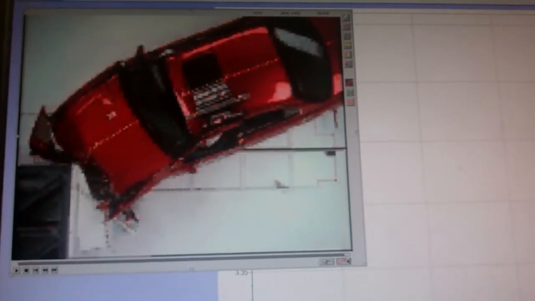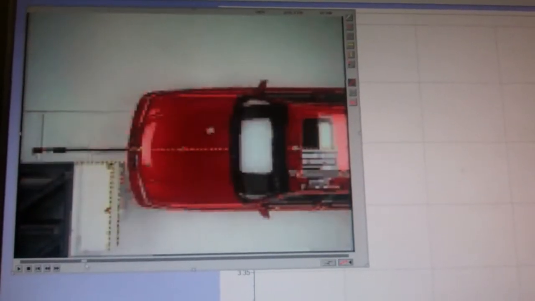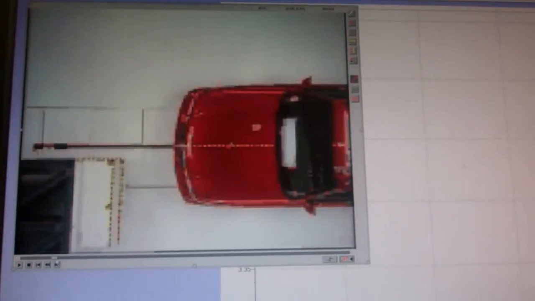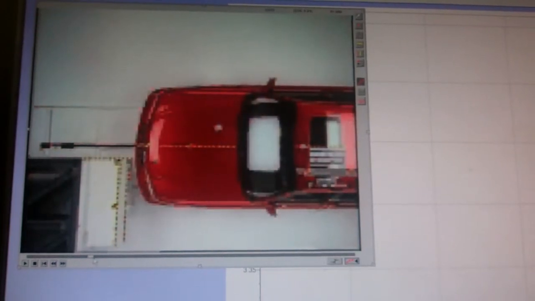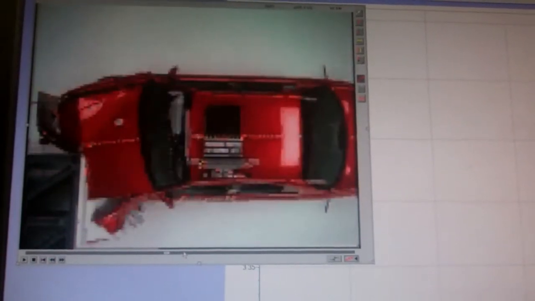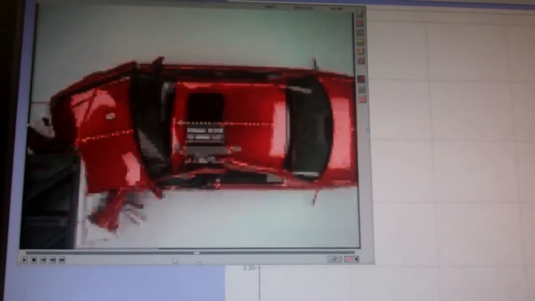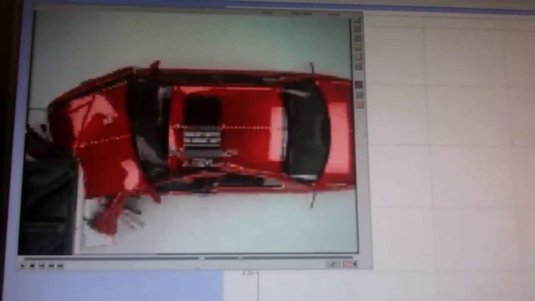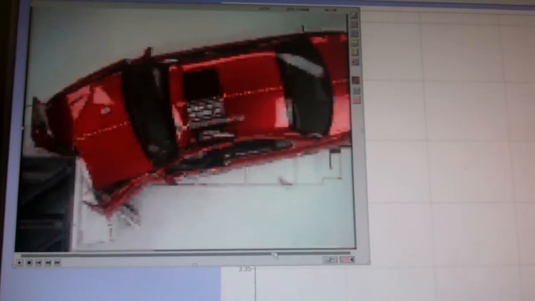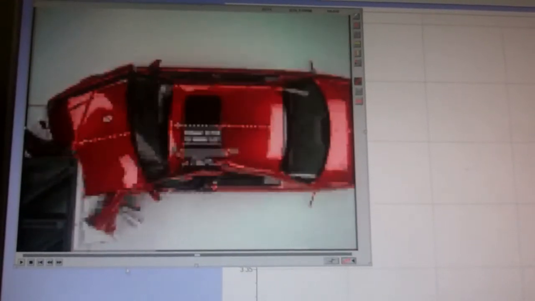So if we look at this car, there are 3 different regions. Right in here it's going at a constant velocity of 30 meters per second. And then right in here it's slowing down because it hit the wall. And then over here at the end where it stopped. We don't really care about that.